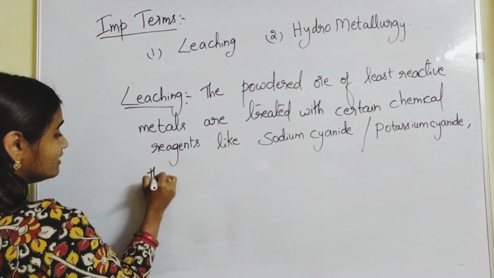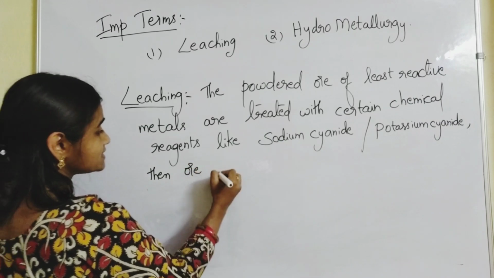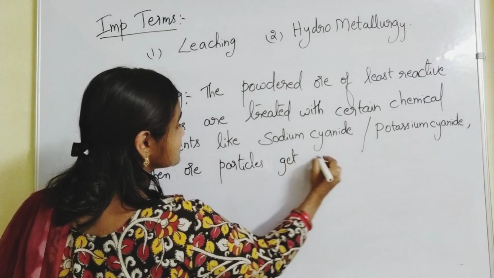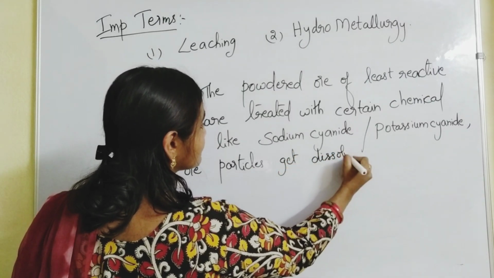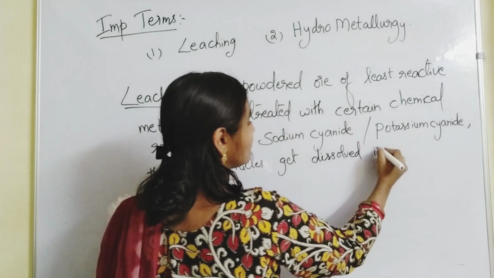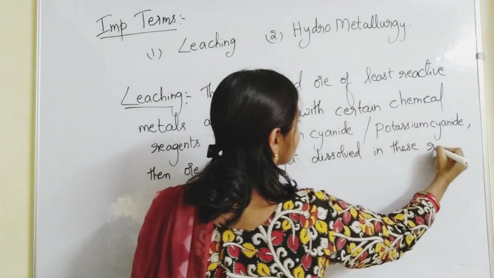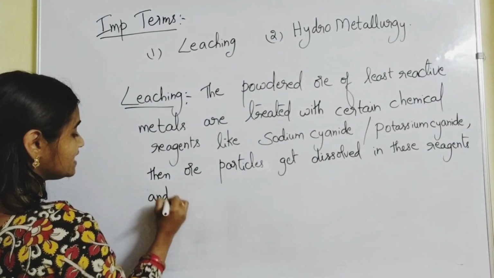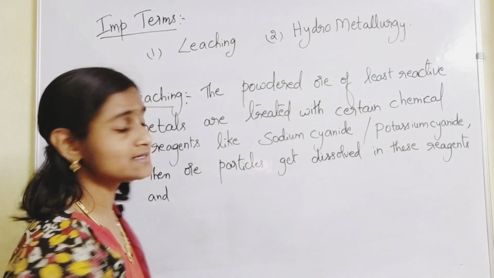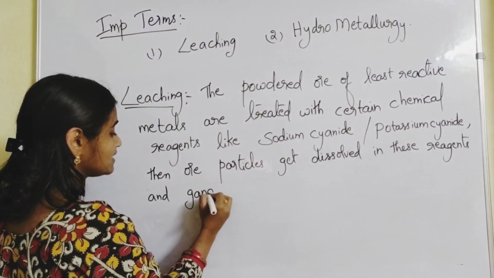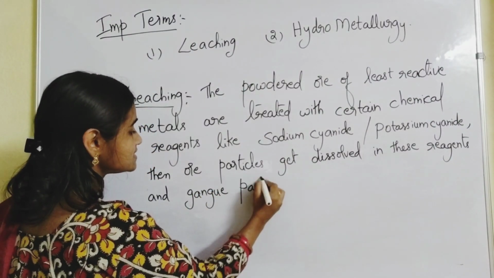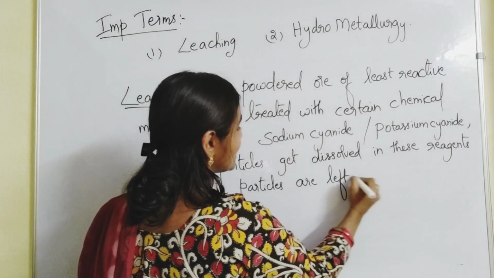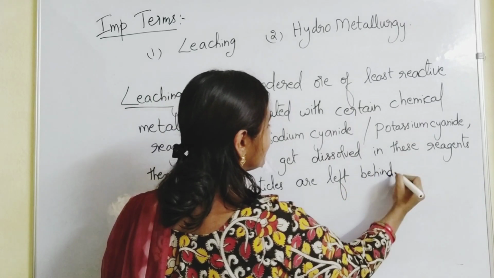Then, when treated, the ore particles get dissolved in these reagents, and the gangue particles are insoluble and are left behind.